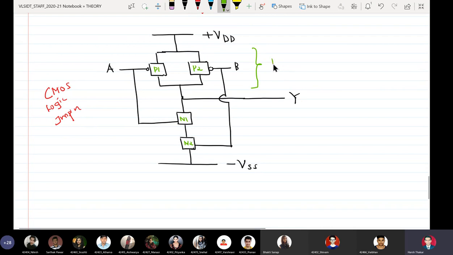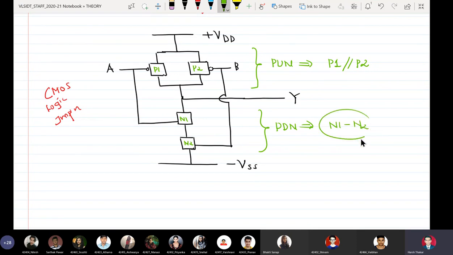Between output Y and VDD, I have the pull-up network consisting of P1 parallel P2. Similarly, this is my pull-down network consisting of N1 series N2.